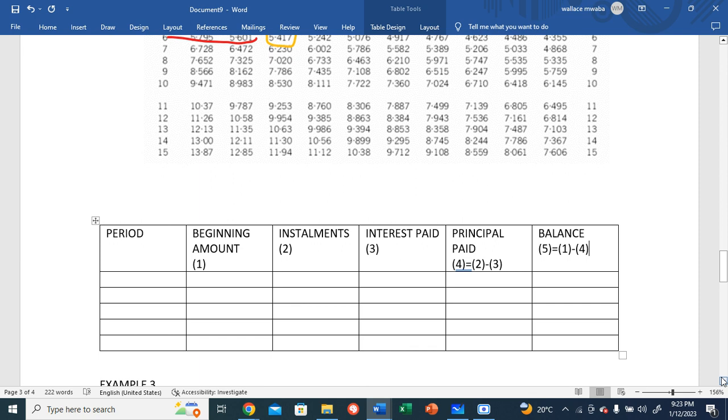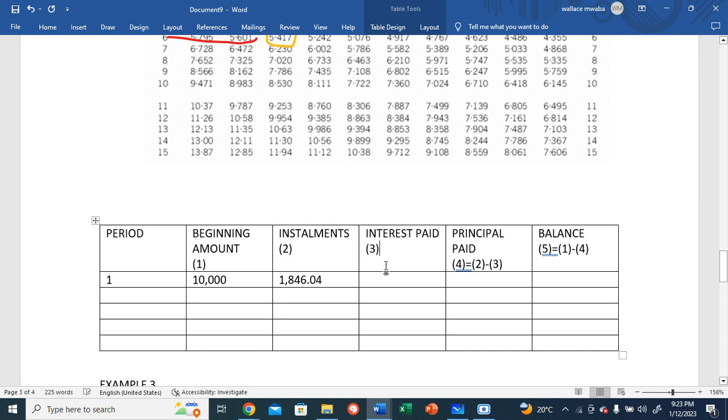All right, so we begin. In the first period, in year one, after 6 months pass, that's the first period we have to make a payment. So beginning amount 10,000, installment was 1,846.04.